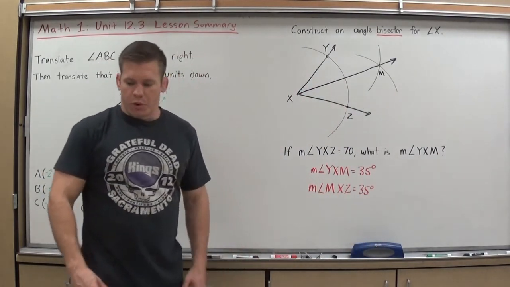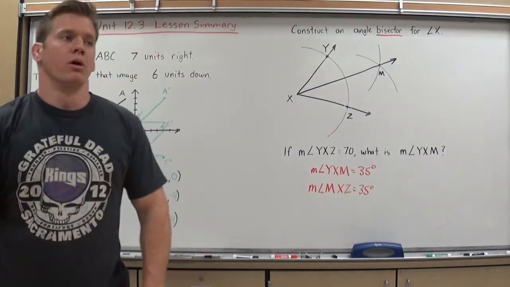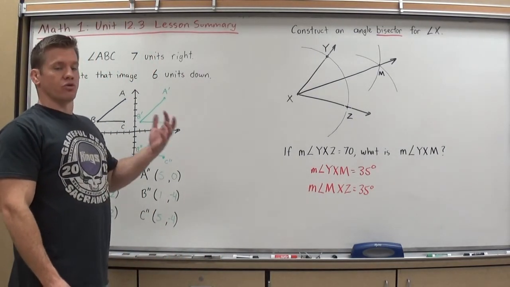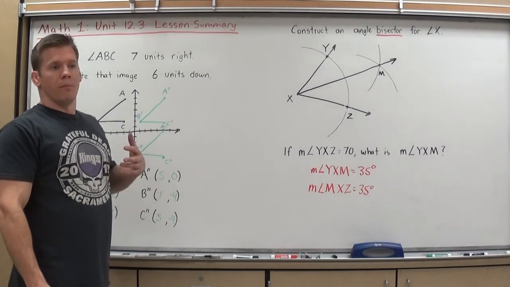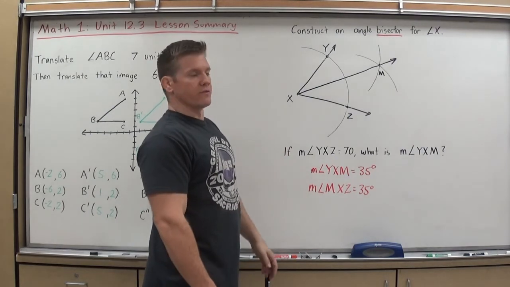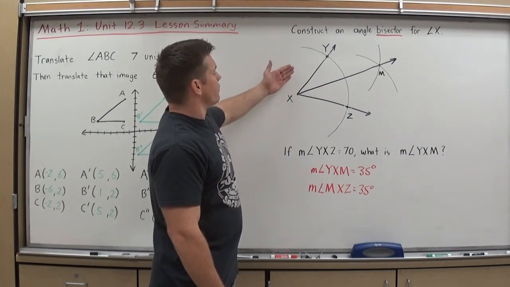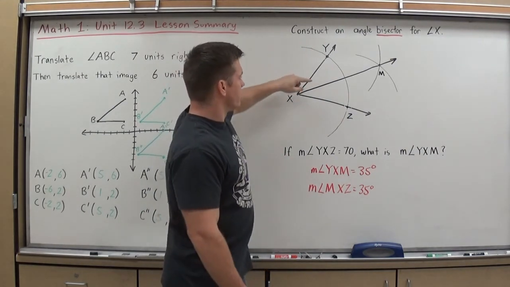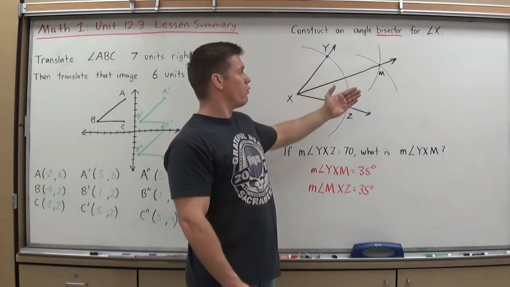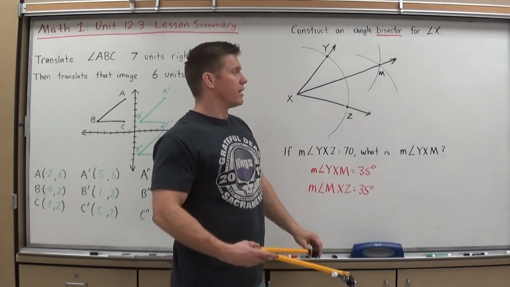Now, there are a couple problems that pop up sometimes that ask you to, let's say, double an angle, or make an angle twice as big, or make an angle 1/4 its size. So if you ask me to make this angle 1/4 of its original size, all I have to do is, I've already split it in half once, I have a new angle MXZ that's half of it, just continue these steps one more time and split this angle again.